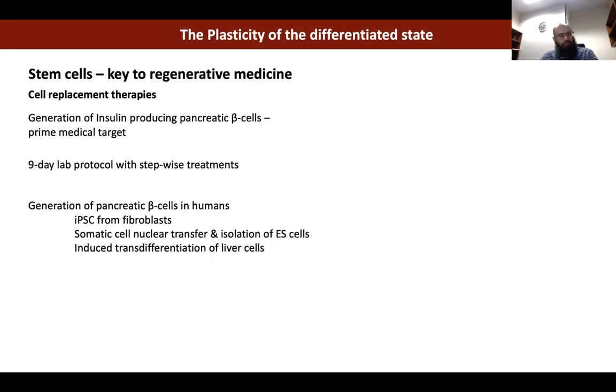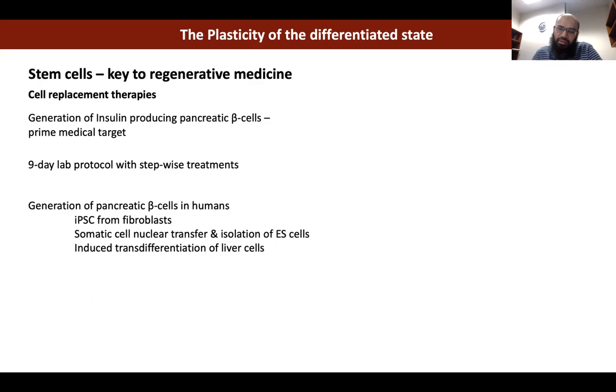Like I said, it wasn't a very straightforward protocol to differentiate stem cells into the pancreatic beta cells, the endocrine part of the pancreas. So they started with human embryonic stem cells, and then tried to use conditions that would convert them into endodermal cells expressing the FOXA1 transcription factor.